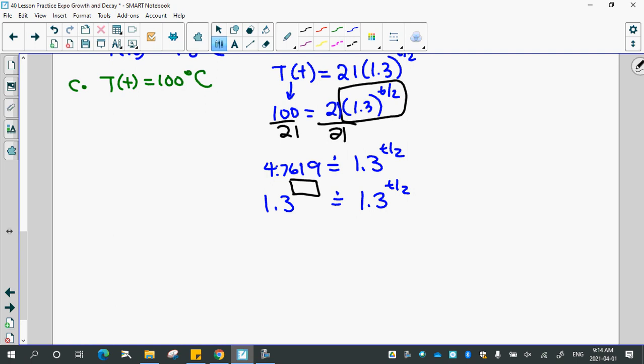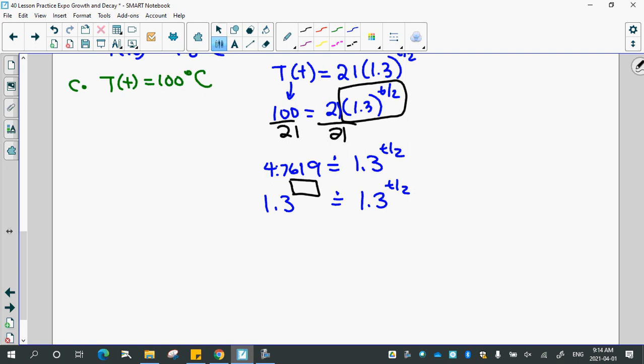So you're going to try it out on your calculator right now. So 1.3, and we know it has to be between 0 and 13. That kind of makes it easier having that restriction. And we know it's bigger than 10. So 1.3 to the 13th, I'm going to try right off the bat. Oh no, that's T over 2, my bad.